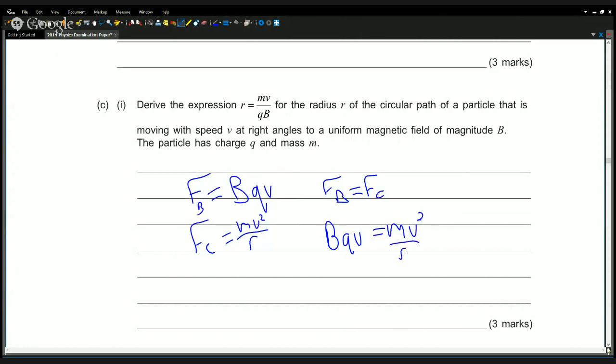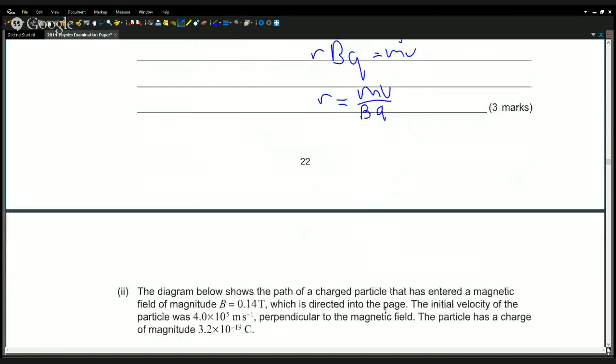Rearranging that, we can cancel the V straight away, so divide by V on both sides. All right, so times r across, we have rBQ equals mv. r equals mv over BQ. There you go, got it. Well, it's not quite as it's stated, but it's equivalent. BQ, QB, same thing.